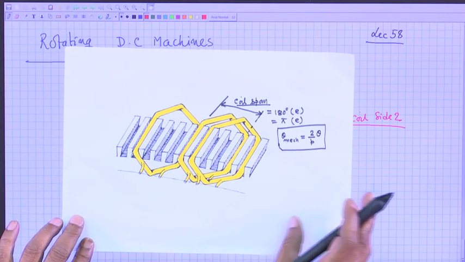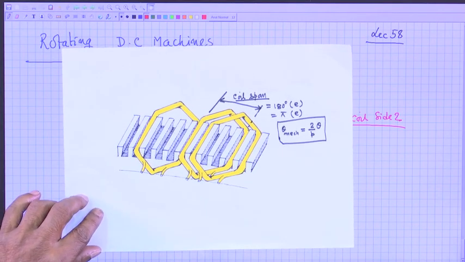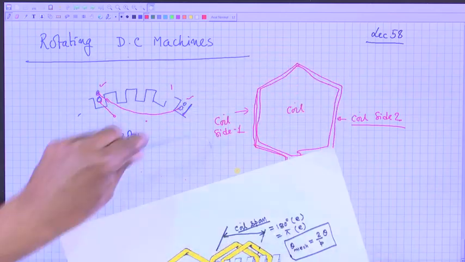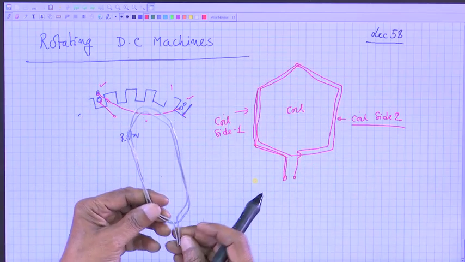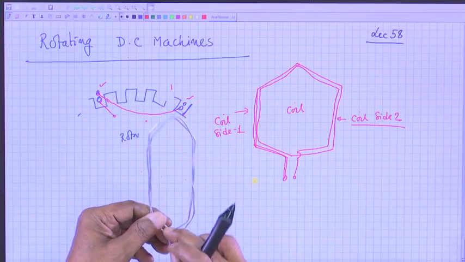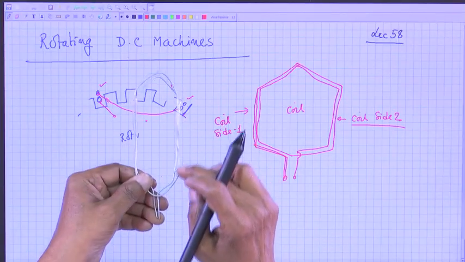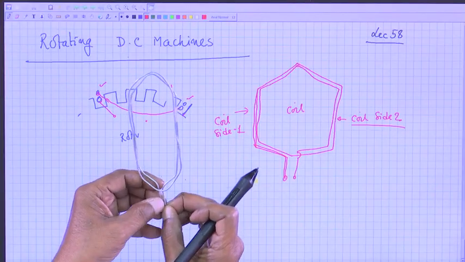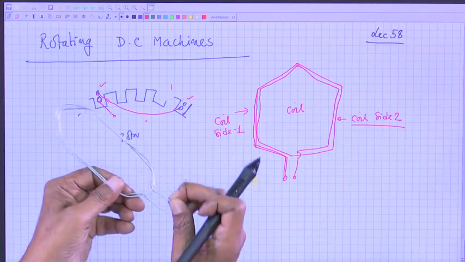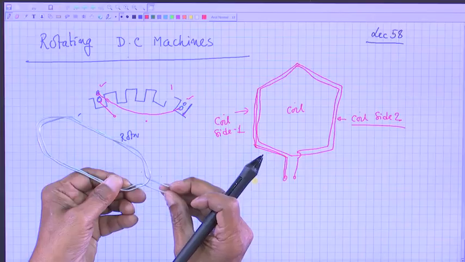Is that clear? Physically, a practical coil will look like this. It is just a two-turn coil. You take a piece of wire, on a format you go around two times, and these are the two terminals of the coil, these two. Clear.